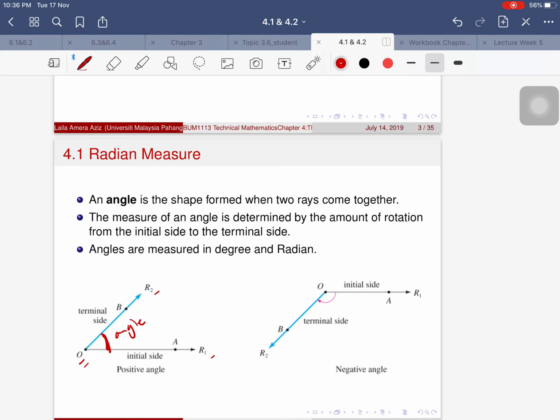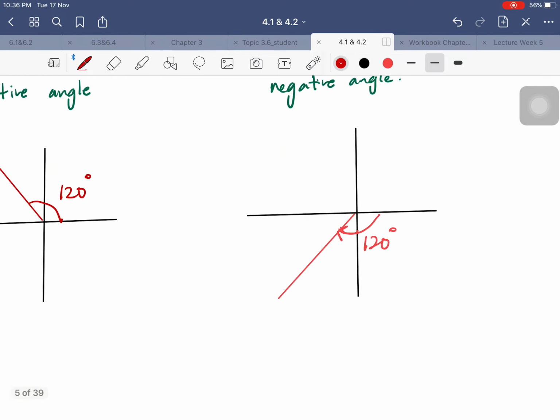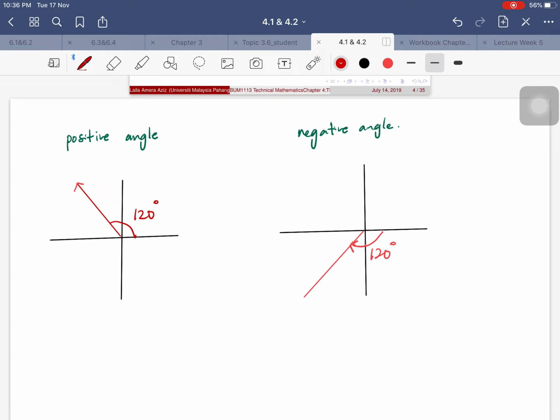Okay, so there are two types of angle. Not really two types of angle. An angle can be positive and it can also be negative. So how do you classify whether it's positive or negative? For a positive angle, this is the origin, where it starts.